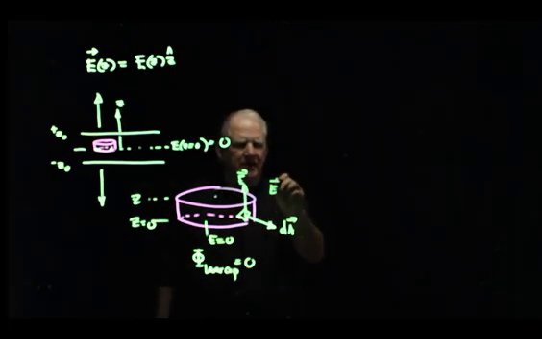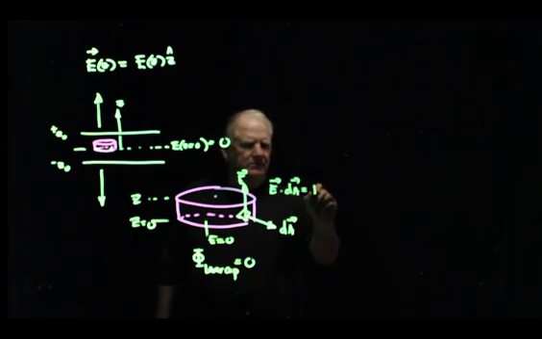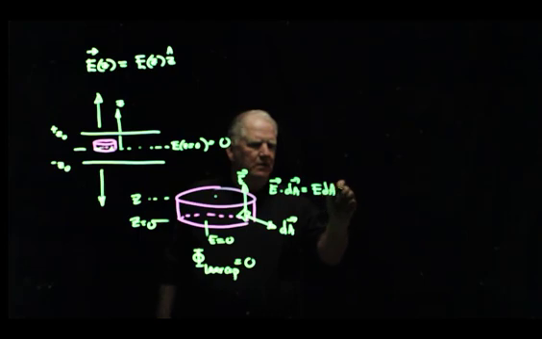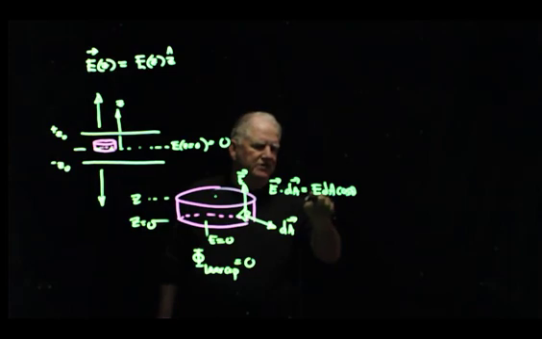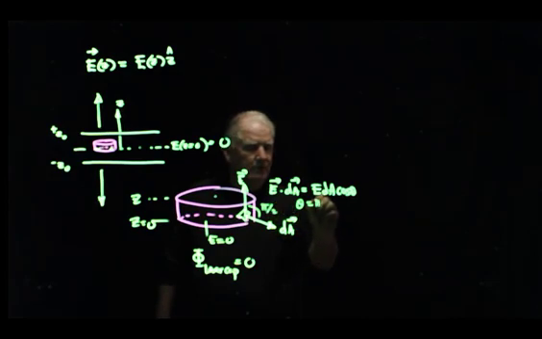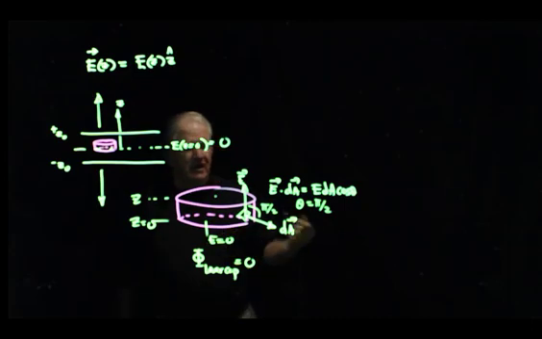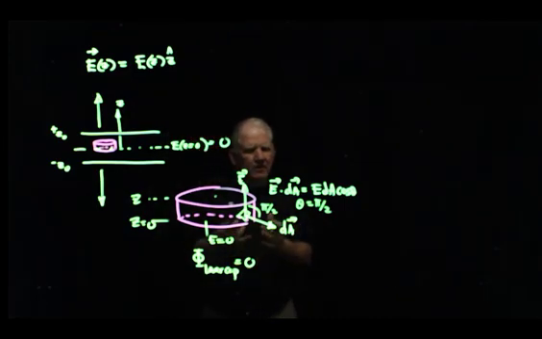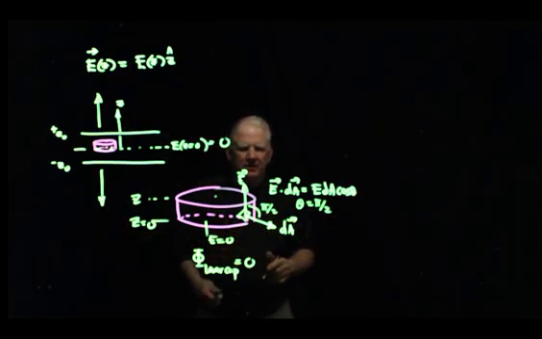That means this little differential flux has a value of E dA cosine theta, and if theta is equal to pi over 2, cosine theta is equal to 0, and the flux everywhere through the lateral sides is 0. There's no electric field getting out the lateral sides.